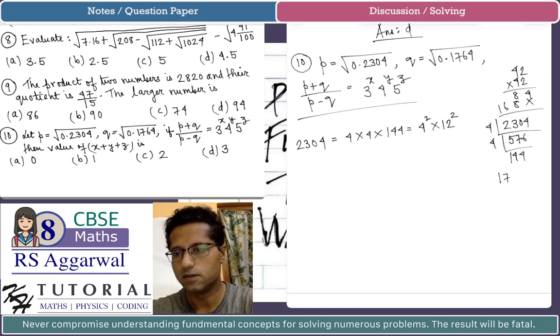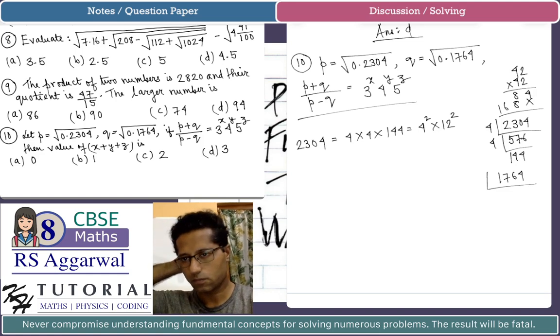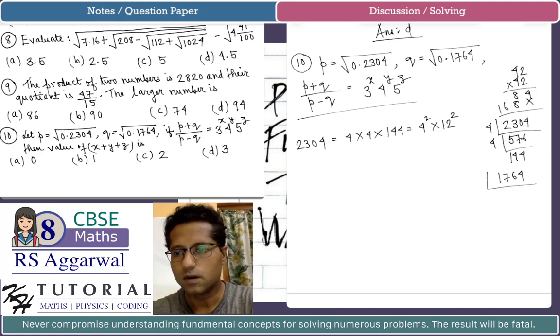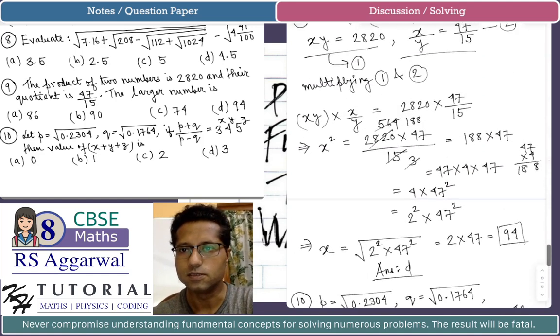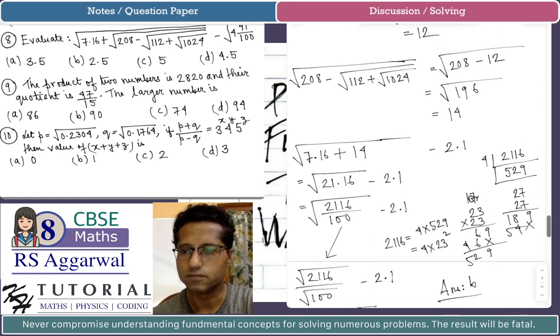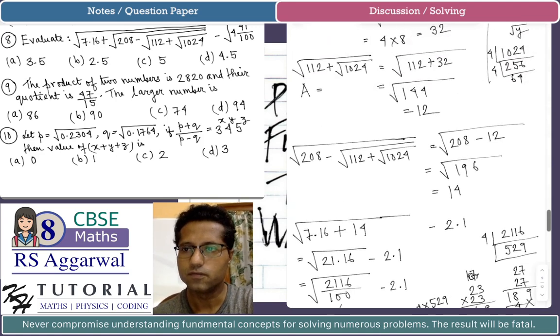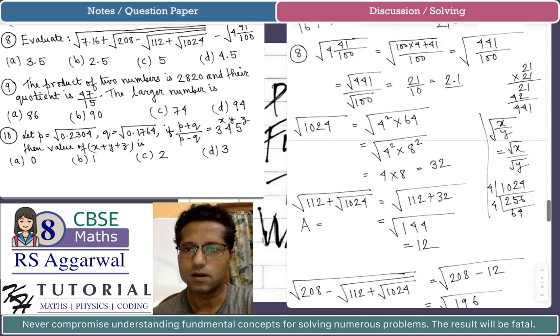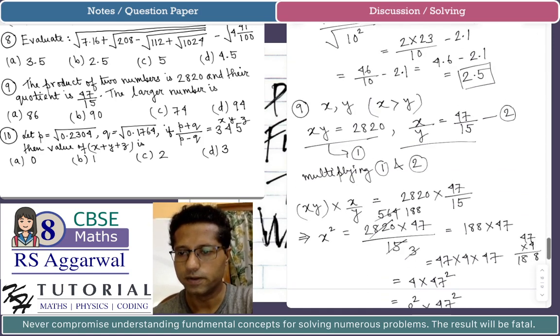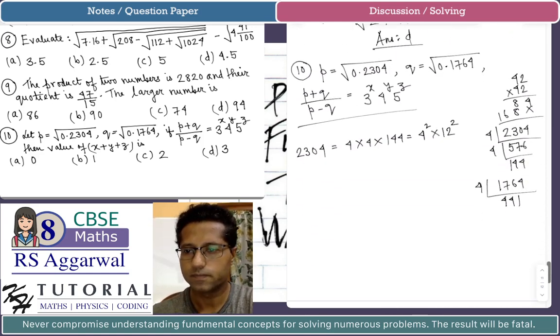Okay, let's see whether 1764 is a perfect square number or not. Will it divide by 4? Yes, it will. Okay, so 441 is a perfect square. We have already seen in some previous problem 441, the square root is 21. 21 square is 441.